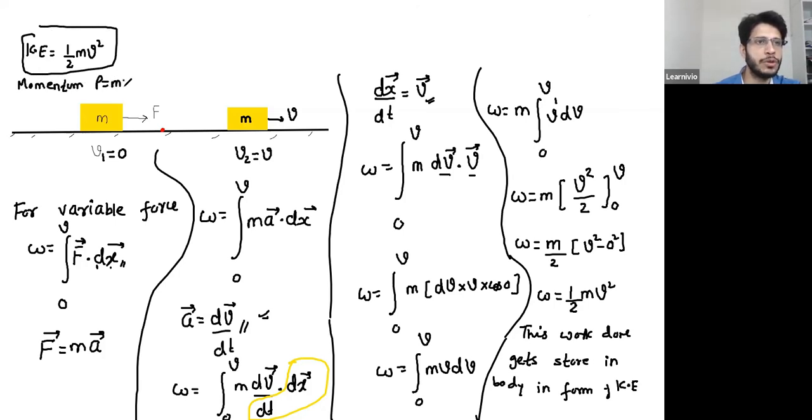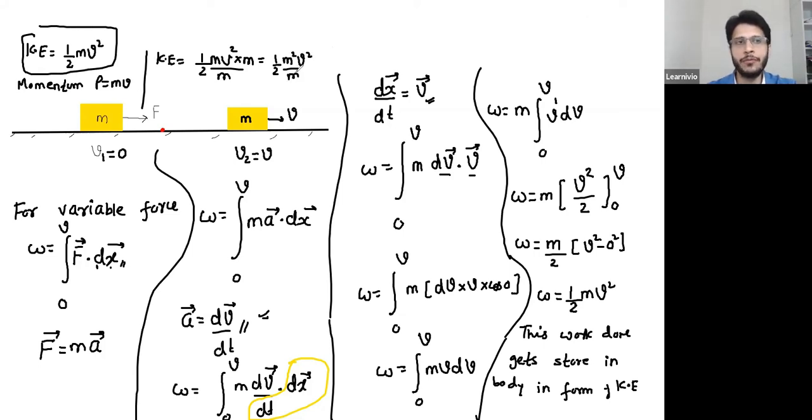Momentum p is equal to m v. So we can convert this expression of kinetic energy in terms of momentum. I can write this as half into m v square. I just multiply numerator and denominator by m. So this comes out to be half m square v square over m.